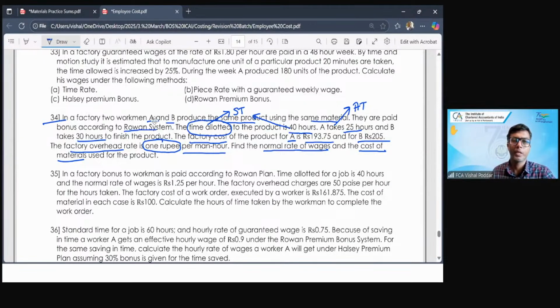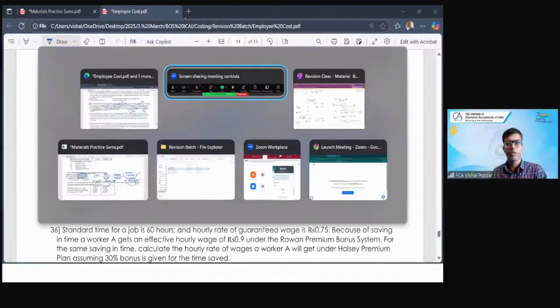So see, you have to find out the wage rate. Let Y be the wage rate, your per hour wage rate, whatever Y will come to. And cost of material, let it be X. So rupees X is your material cost and rupee Y per hour is your wage rate. Now, what have they given in the question?